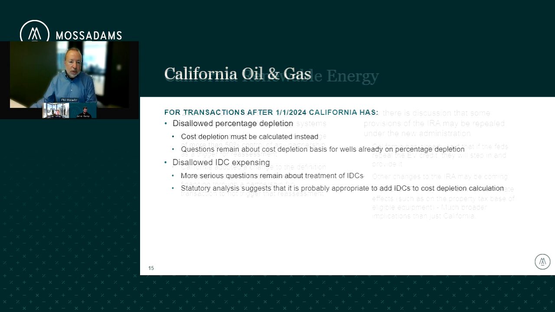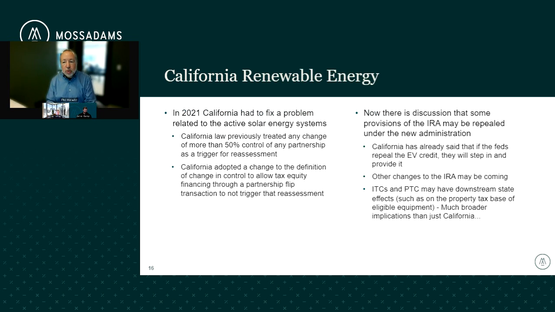If I can figure out how to move the slides. So there was a change in the renewable space in California as well, and some of that related to these active solar energy systems. California law had previously treated any change of more than 50% control of any partnership as a trigger for reassessment, that is, for property tax reassessment.